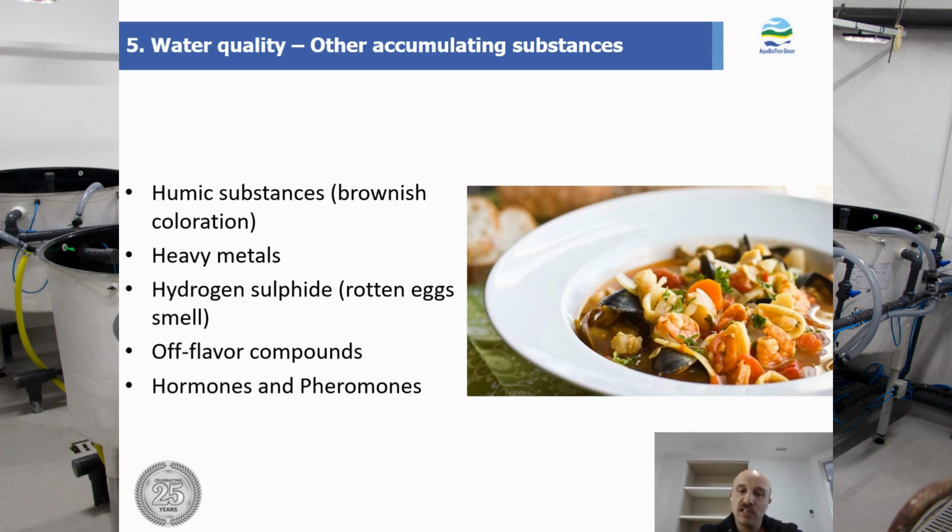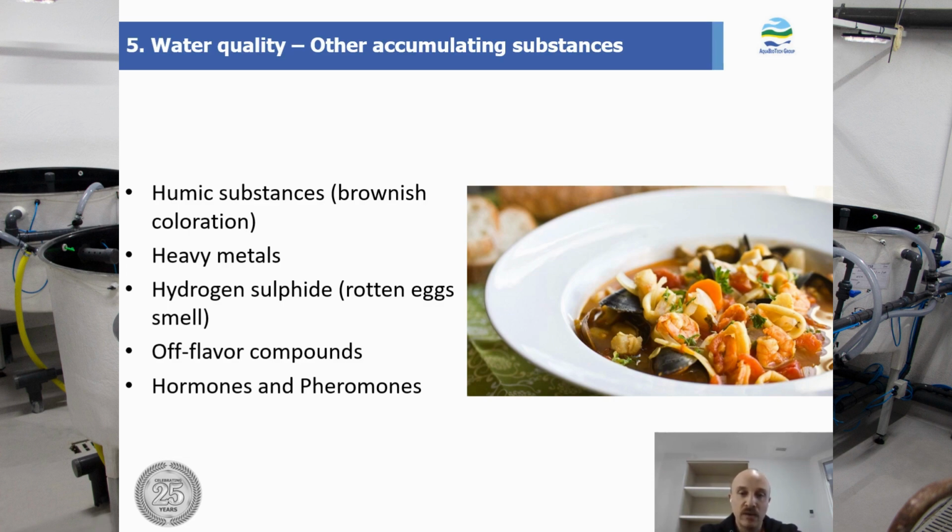Why do we have to consider all these substances and parameters? Because in the end, the water of a RAS system is quite similar to a fish soup. Even though you know all the ingredients, the final taste is a combination and the interaction of all of them.